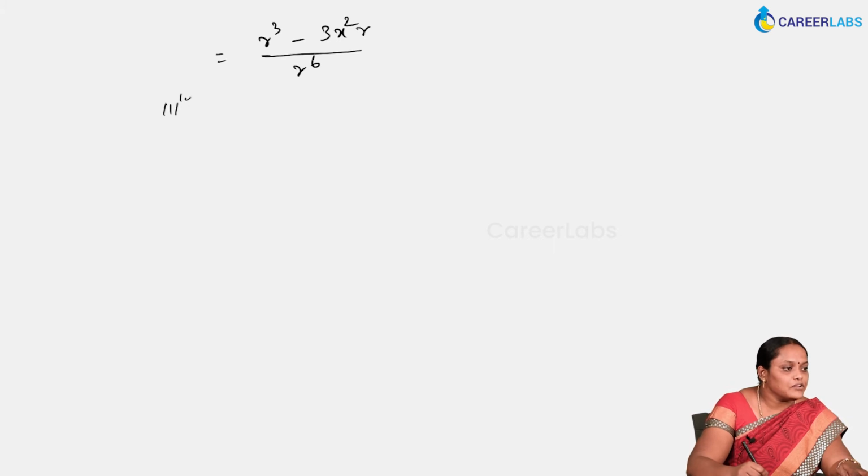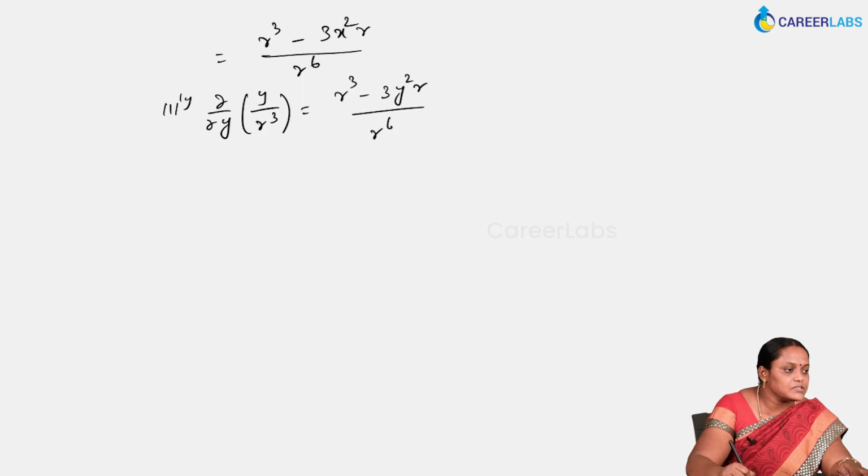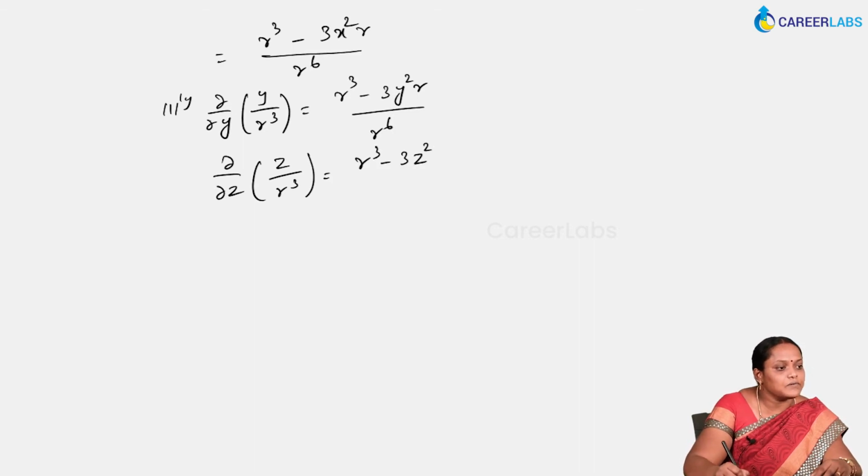Similarly, you can write it for ∂/∂y of (y/r³), which is equal to (r³ minus 3y² r) by r⁶, and ∂/∂z of (z/r³) will be equivalent to (r³ minus 3z² r) divided by r⁶.